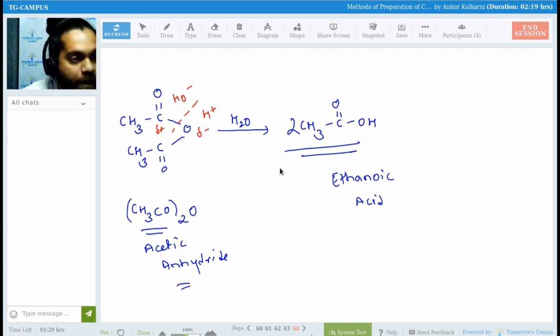That's why. Sir, is this used for commercial purposes, for more yield? No, not like that. Even acetic anhydride is easily available, but generally we do not use this. Okay, sir.